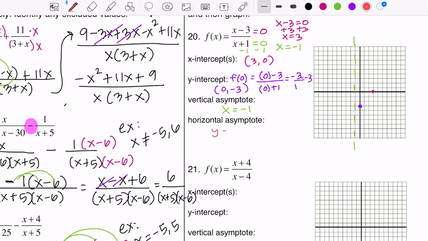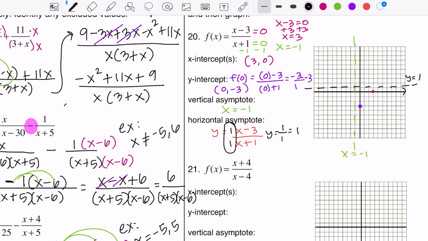So the horizontal asymptote actually comes from the ratio of the numbers in front of x. So right here. So this would be y equals 1 over 1, which equals 1. So this is the horizontal asymptote. Make sure that when you write these, you do put x's and y's in front of them.